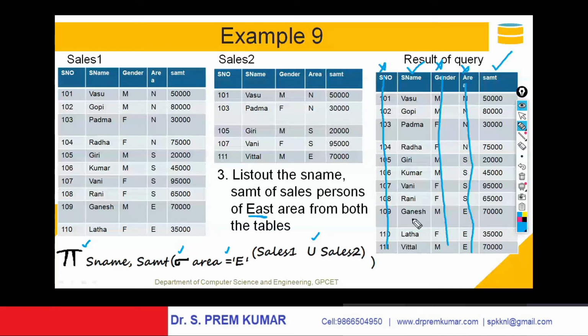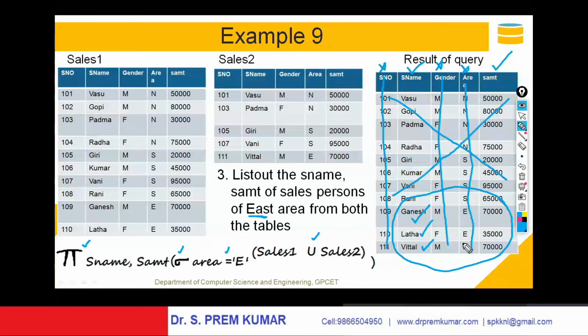Now east salespersons means you will get Ganesh, you will get Lata, and you will get Vittal. This will be the output. This is the portion you are going to get as output, not the rest.